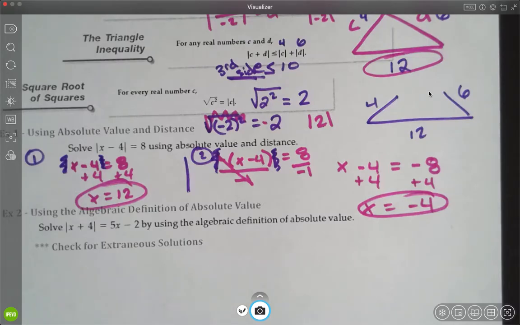If you were to take the x minus 4, drop it, and add the absolute value after it, would it be x plus 4 equals 8? It would be negative x plus 4 equals 8. Both of them should be negative. You never switch the sign of both of them, since both of those things are inside the absolute value.